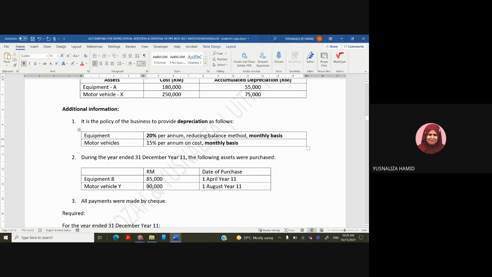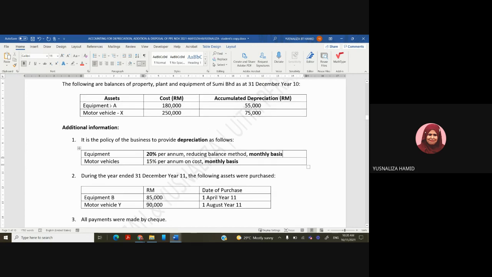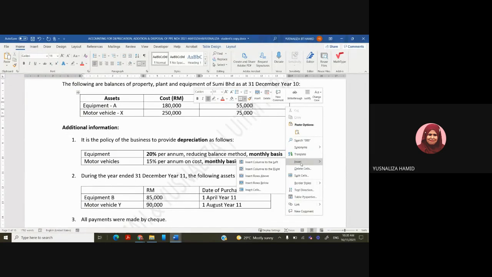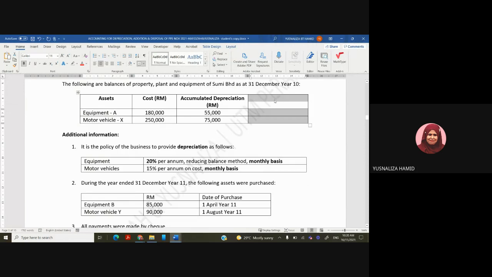So for reducing balance for the previous asset, let's say equipment A, you are going to provide depreciation based on the carrying amount, where the carrying amount is cost minus accumulated depreciation. The carrying amount for the equipment here is 180 minus 55, which is 125.